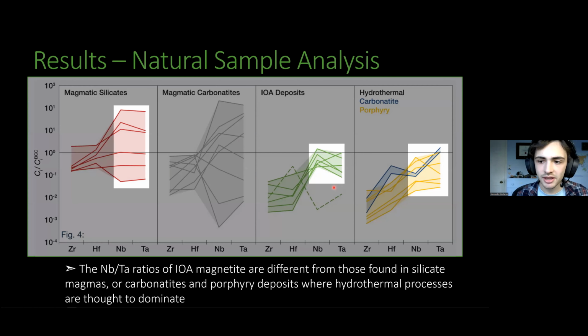And when we compare these to the magmatic silicate magnetites over here and our carbonatite and porphyry deposits here, these two are typically thought to have hydrothermal origins. As we can see, the IOA graphs show a much more restricted range and are pretty distinct even when just looking at the pattern.